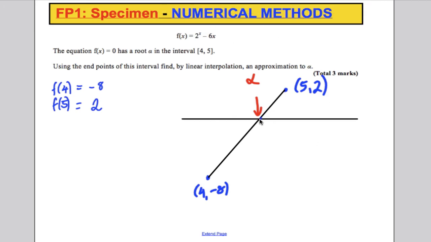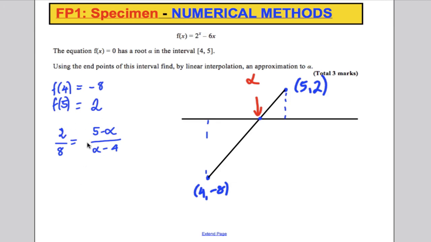We're going to say the height of this one divided by the height of this one. The height of this one is 2, so 2 divided by the height of this one, which is 8. Because the triangles are similar, it must be the width of this one, which must be 5 subtract alpha, divided by the width of this one, which must be alpha subtract 4.